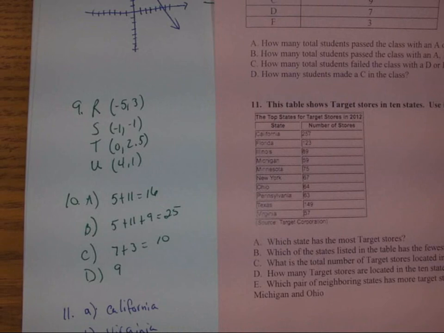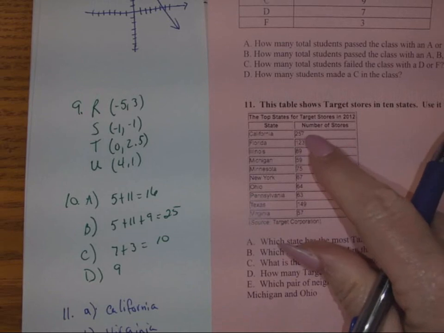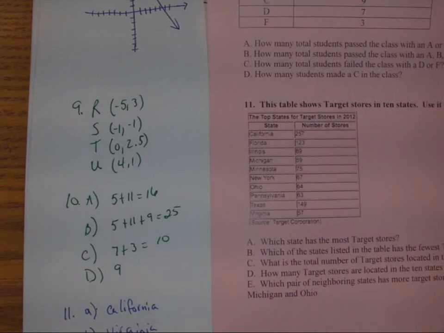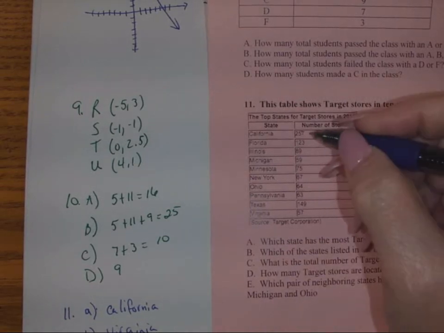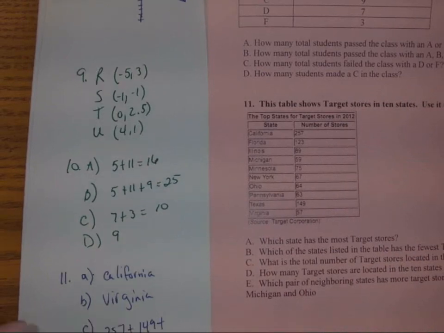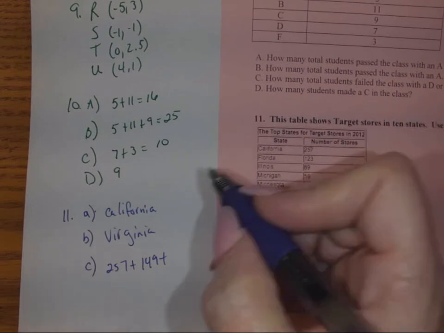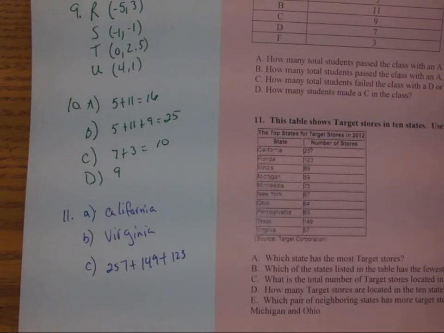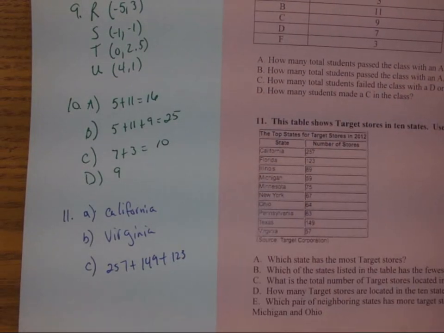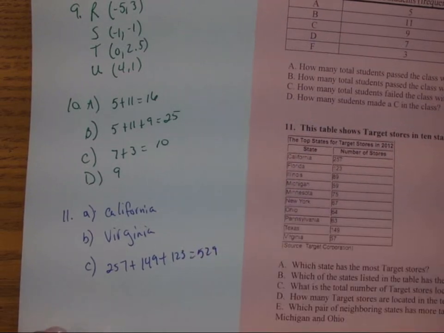What's the total number of Target stores located in the 3 states with the most Target stores? So the most, we have California with 257, plus the next one would be Texas with 149, plus the next one would be Florida with 123. And when we add those together, we'll get 529 stores.